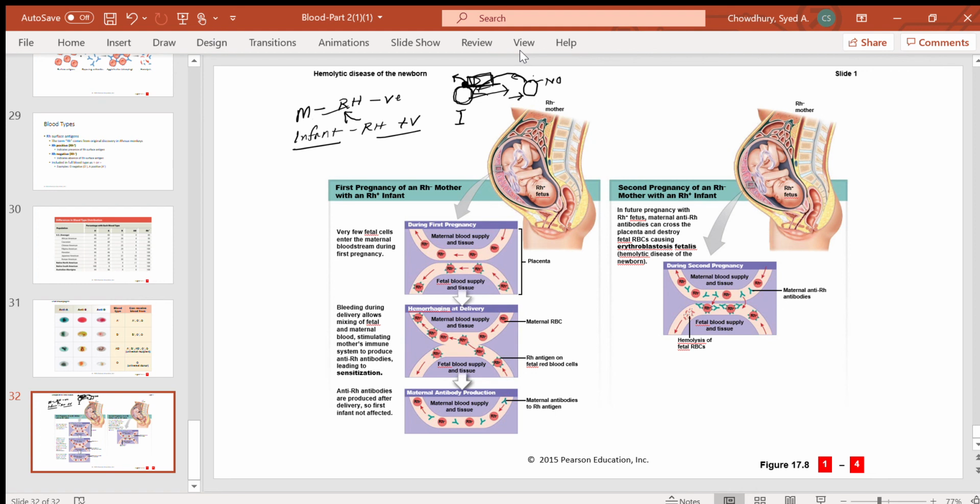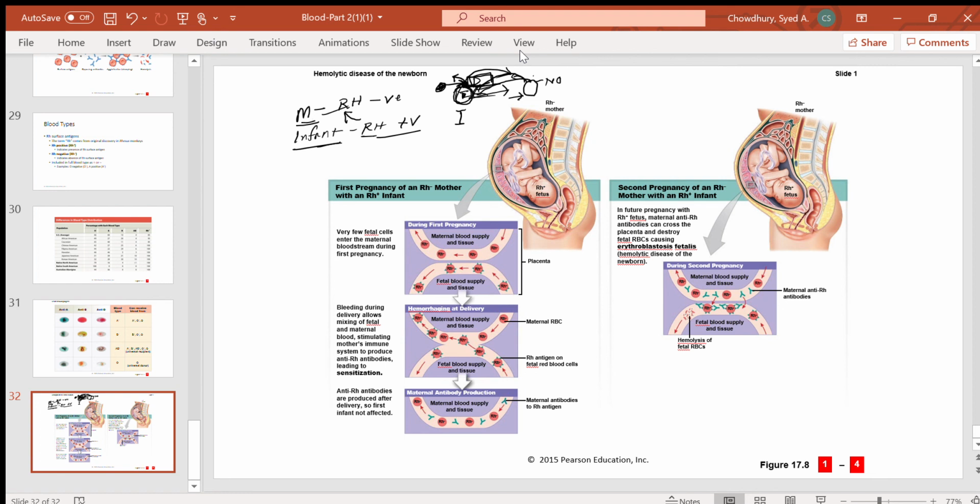So the first time, the mother's body will not be able to produce a huge amount of antibody, but the second time, if the same mother gets pregnant with a positive infant, again D antigen will enter the mother's body, and this time the mother's body will quickly produce a huge amount of antibody, and that will go back to the infant, and D antibody will bind with D antigen on the infant's red blood cell surface and destroy the red blood cells of the infant, right?